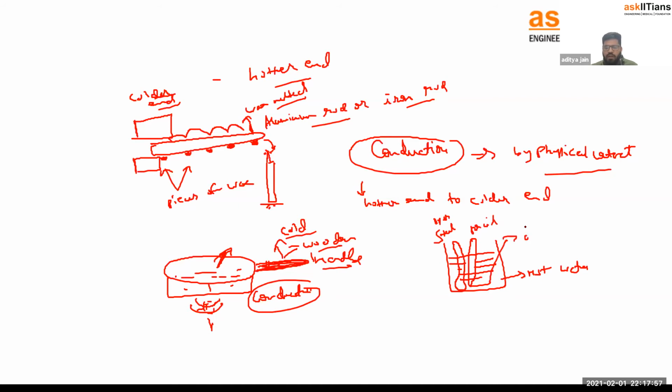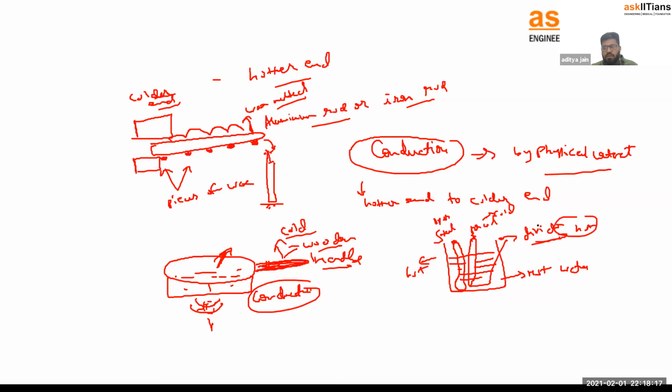You can also take a divider from a geometry box and place these objects in the hot water for 1 or 2 minutes. Now touch the other end of the objects which is outside the water. What you will feel is that this steel spoon is hot, but this pencil is cold and this divider is also hot.